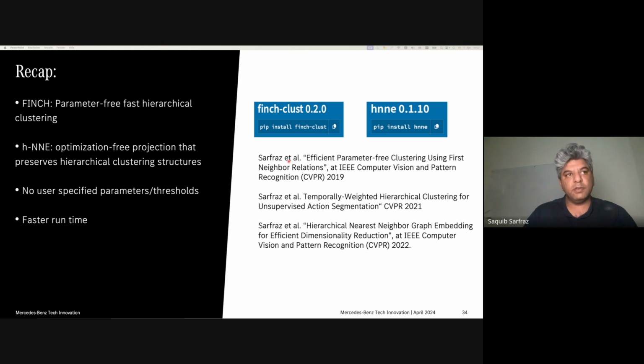Both do not require you to set parameters or thresholds and have quite fast runtimes. Both are available on PyPI, and there are several notebooks to give you a feel of how they work. You can try them out, and the respective papers can be found on their GitHub repos. So that is it.